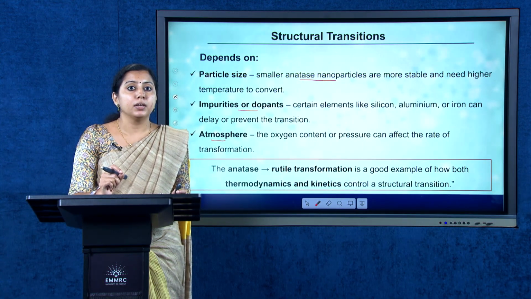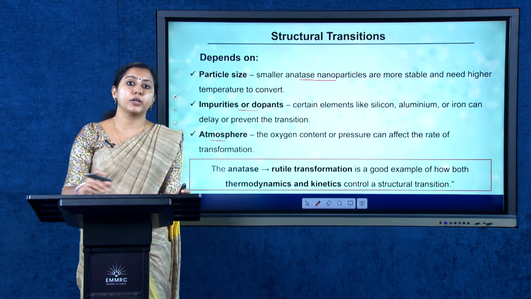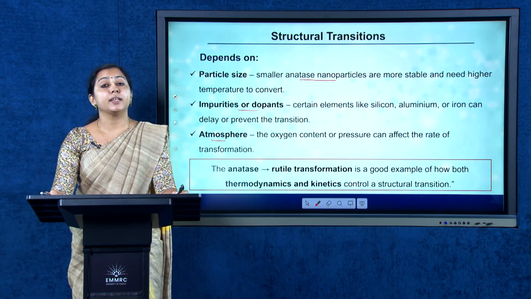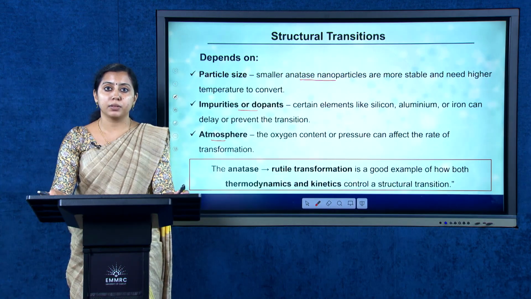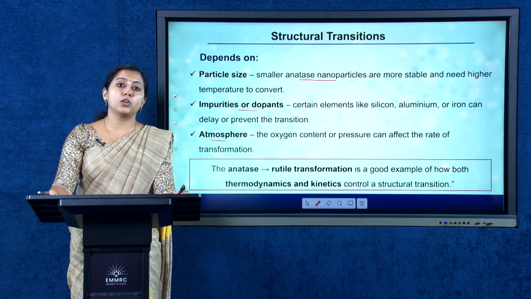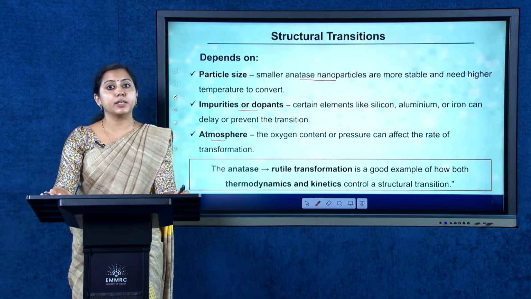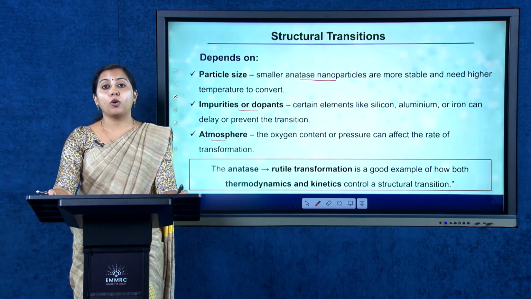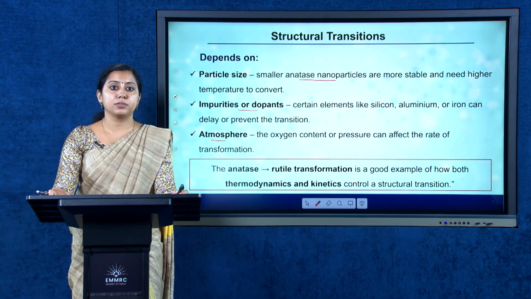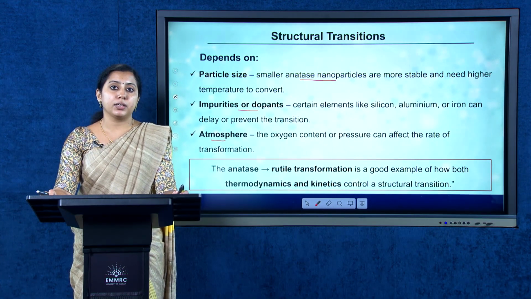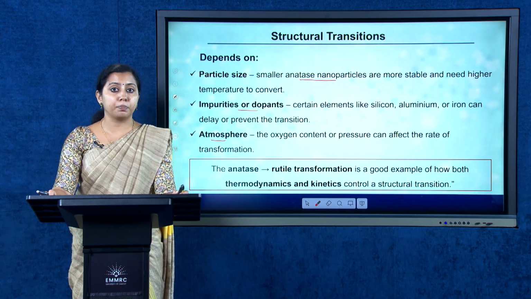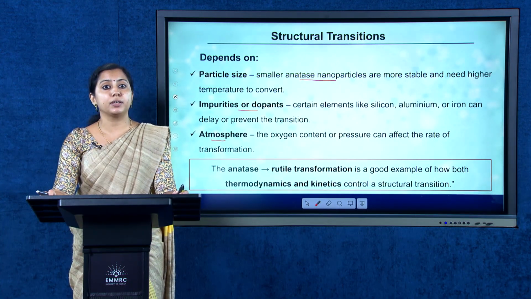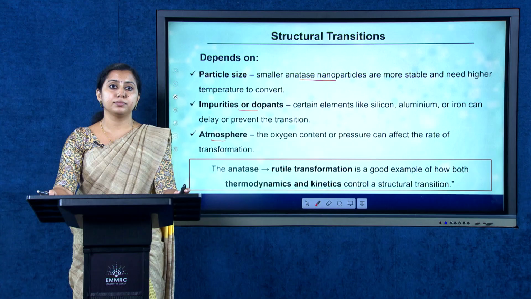For example, when we consider anatase to rutile transition, smaller anatase nanoparticles are more stable and they need higher temperature to convert. Similarly, the presence of dopants or impurities may delay or prevent the structural transition. The atmosphere, that is the oxygen content, air or the pressure can also affect the rate of transformation.